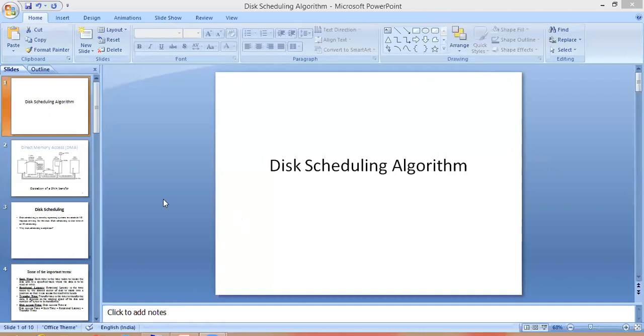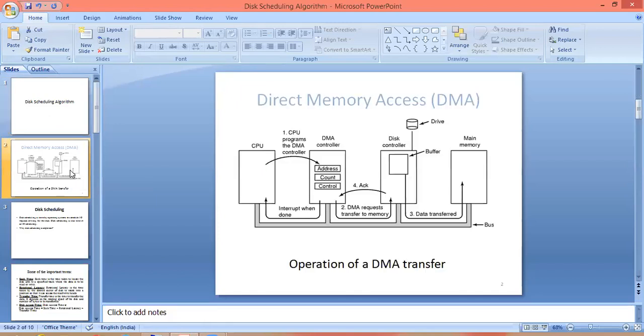In yesterday's session we already covered the DMA part, direct memory access. In that there are two controllers used, the DMA controller and the disk controller, right? So when jobs are moved from the DMA controller to the disk controller, one by one the jobs are executed by the disk controller and again forwarded to the main memory.